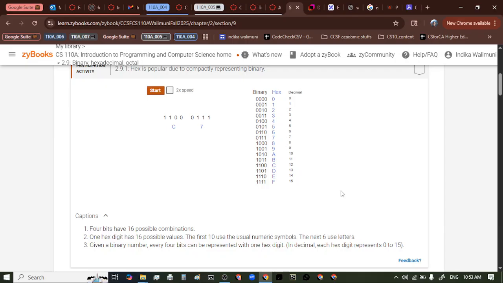So you go to the table again, and group them from right to left and write the corresponding binary value from right to left. Okay. All right.